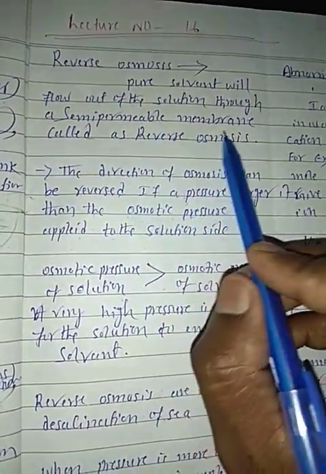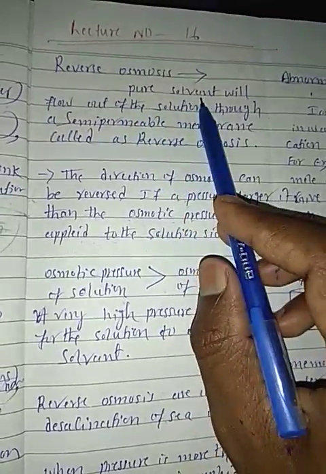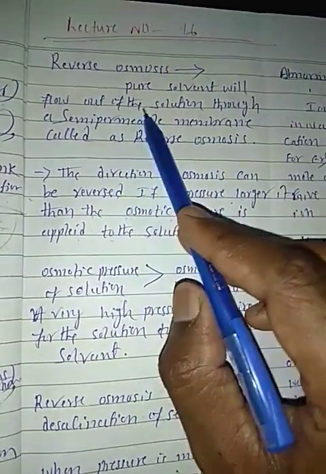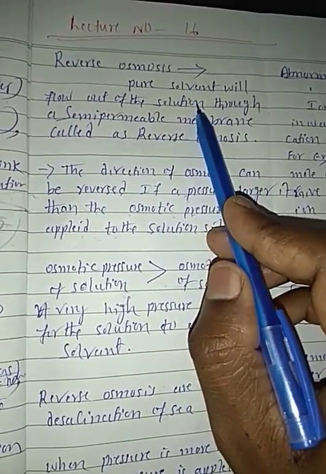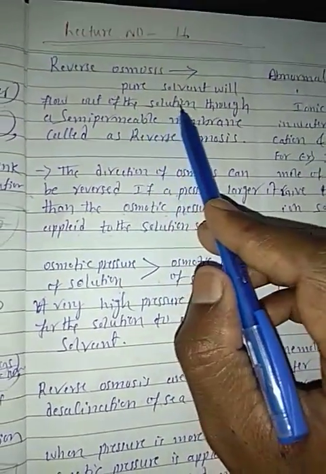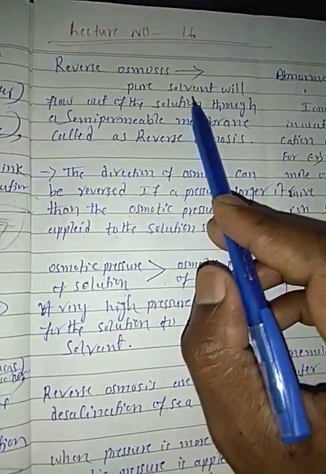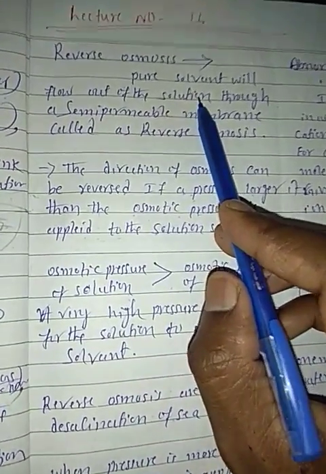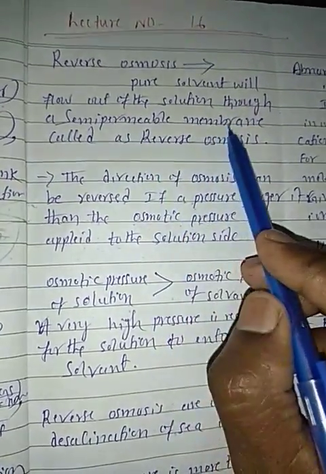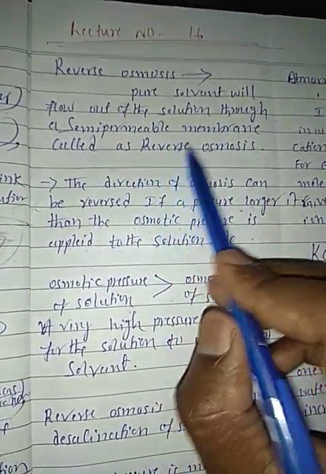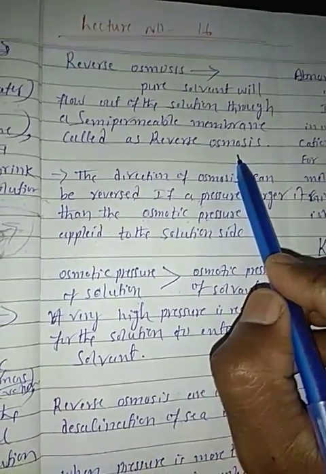The pure solvent which has come out from the solution through a semi-permeable membrane is called reverse osmosis.